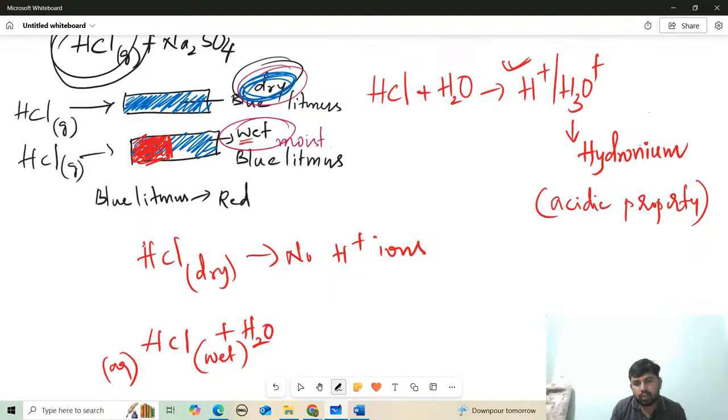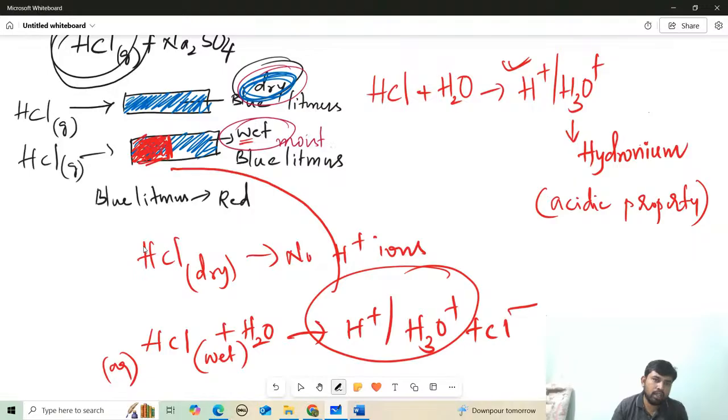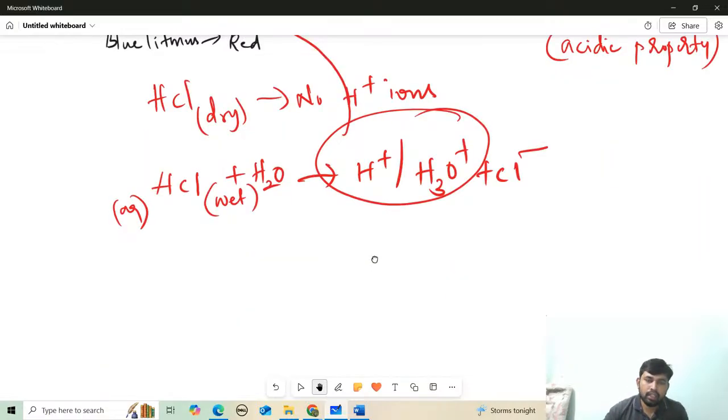So when there is water, H plus ions or H3O plus ions plus Cl minus are produced, and these ions are responsible for the color change of indicators. If it is dry gas, there is no H plus ion. That's why we can't expect a change in the litmus paper color.